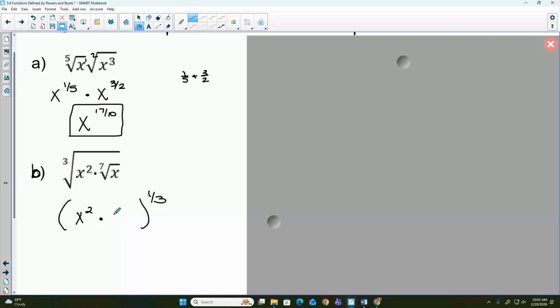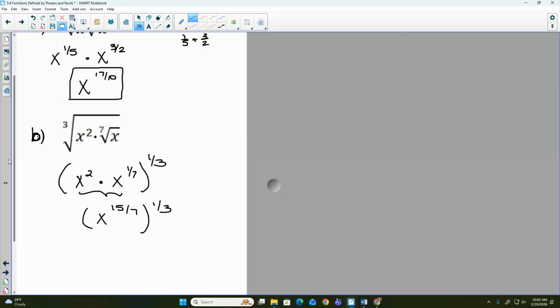So that would be x to the, inside this parentheses, these x's are multiplied. So what do we do with our exponents? Add them. So 2 plus 1 over 7 gives us 15 over 7.